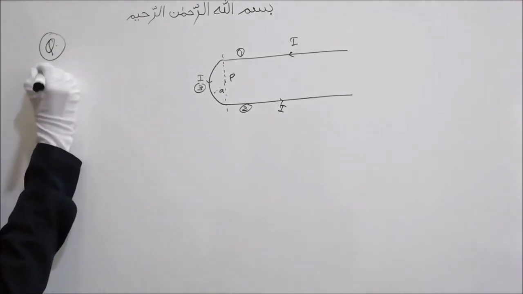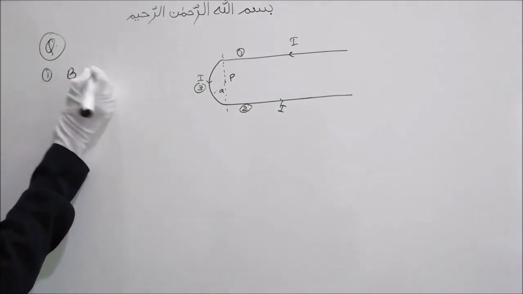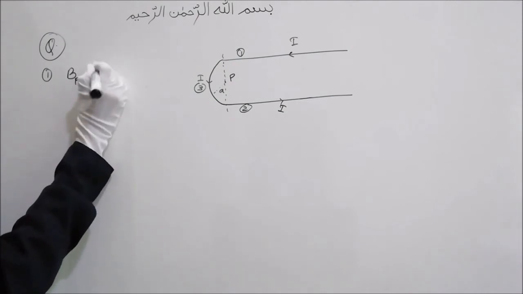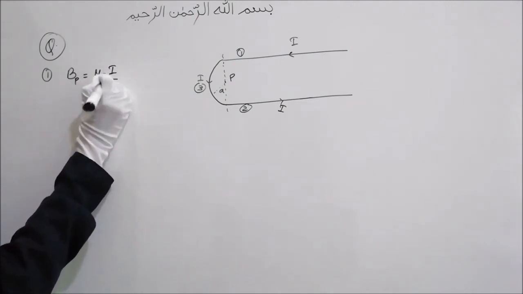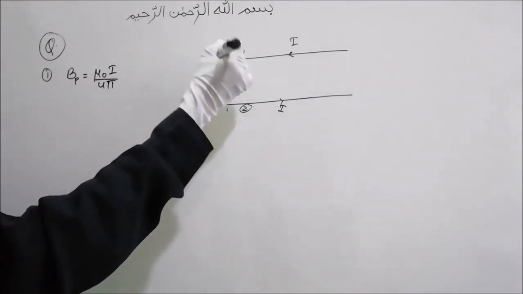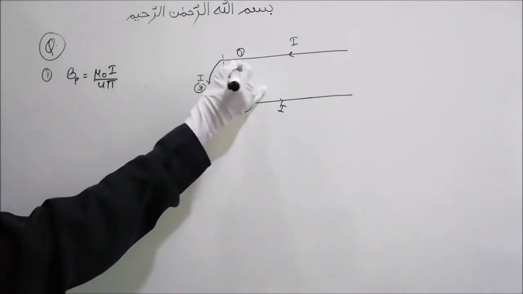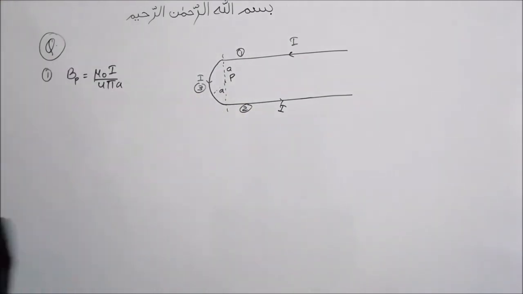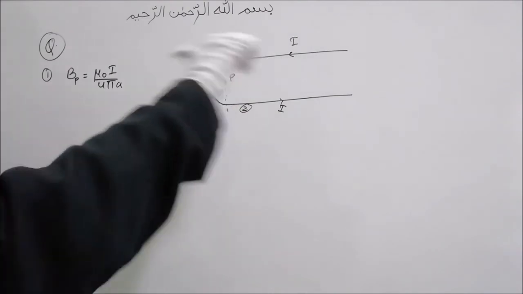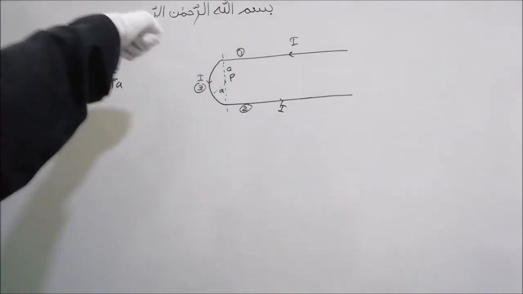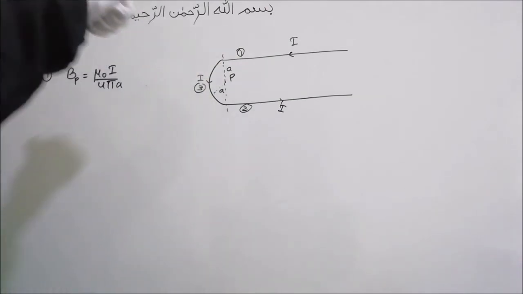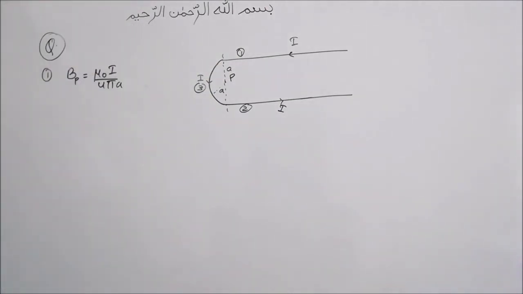So due to the first part, the magnetic field at the point P will be equal to mu naught I by 4 pi A, the perpendicular distance from this edge to the point P being A. And what is the direction? The current is in this direction. Curl your fingers at point P. My fingers are coming out of the page, so the magnetic field is outwards.